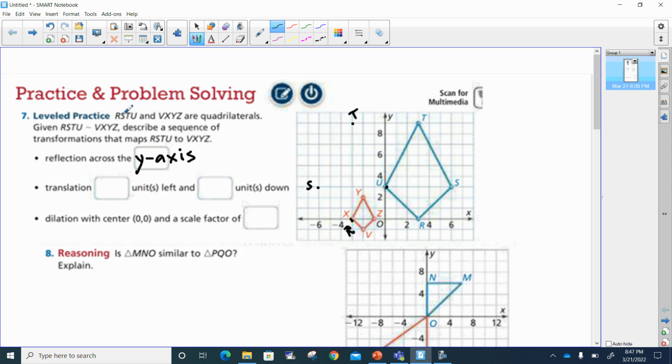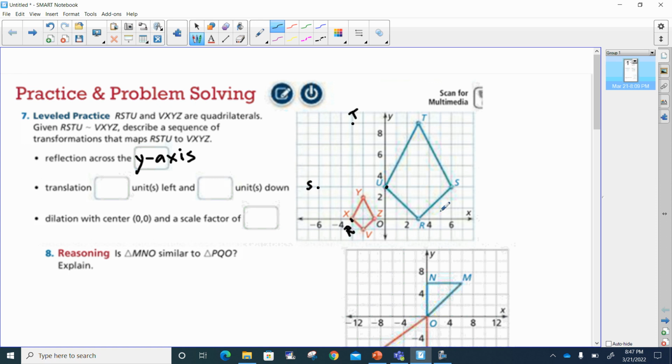RSTU, from biggest to smallest, or smallest to biggest in the alphabet, R, S, T, U. And then in the alphabet, U, V, W, let's see, VXYZ. Okay, so from smallest to biggest, we are going in this direction.